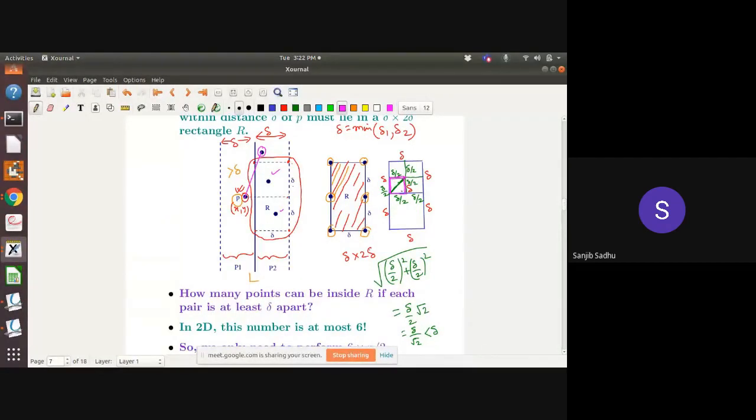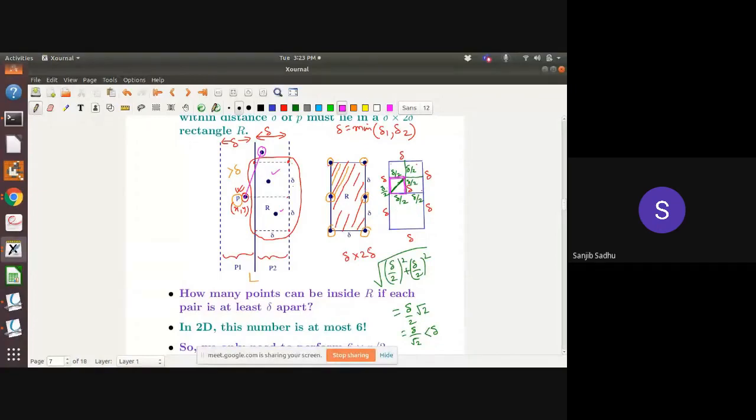If there exist 2 points, then their distance will be less than delta. But I know that on the right side and the left side, the minimum, the closest pair distance is delta. So at most one point will be there. Similarly, 1, 1, 1, 1, so 4. Similarly, in this case also 4.